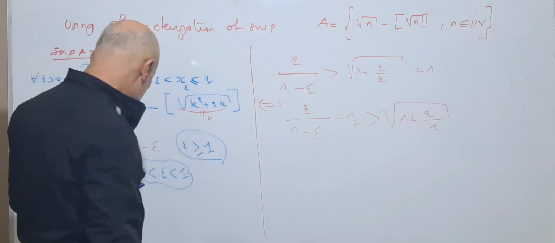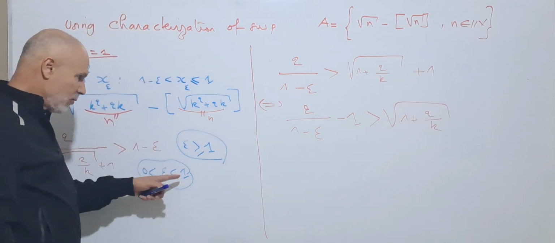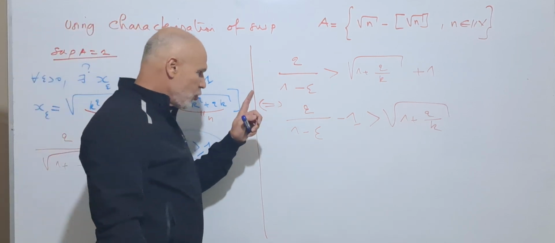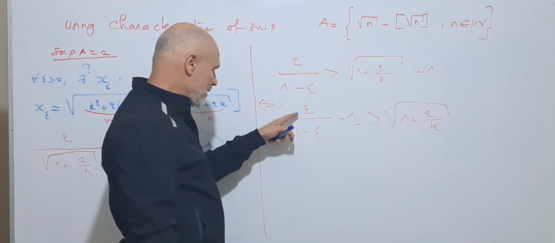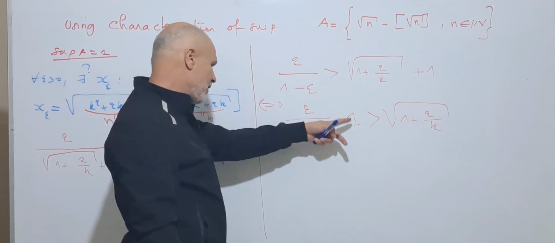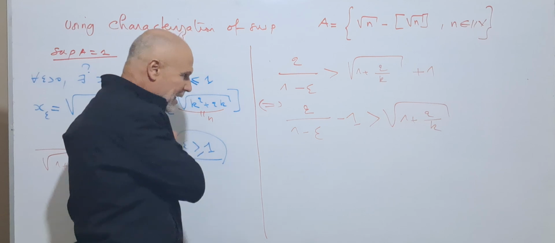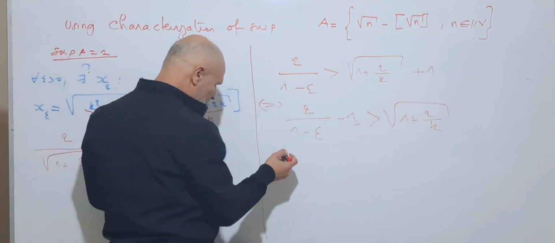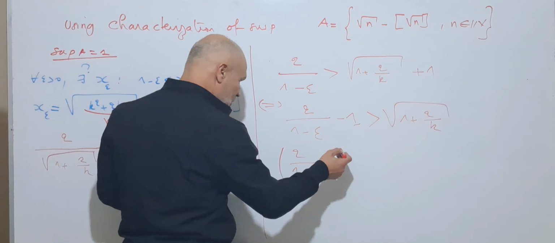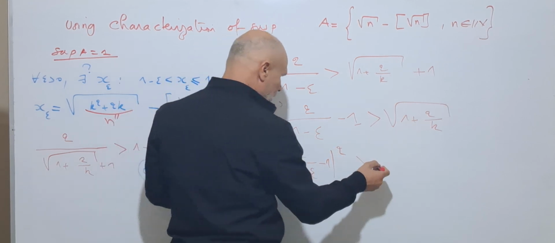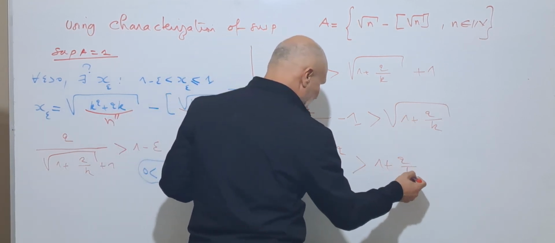For epsilon between 0 and 1, this is sure. Why? Because 2 divided by 1 minus epsilon is strictly greater than 2, so this is positive. Here we can take the square, so we get 2 over 1 minus epsilon minus 1, squared, greater than 1 plus 2 over k.